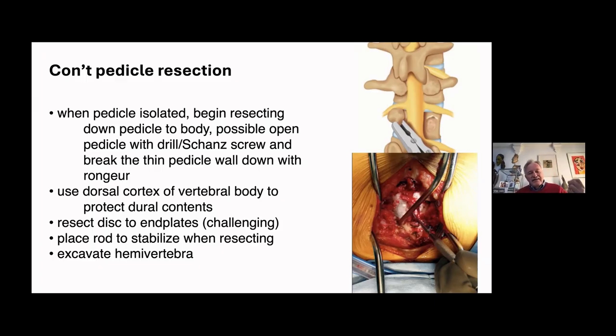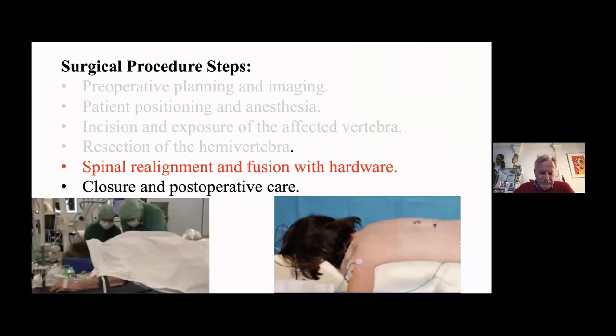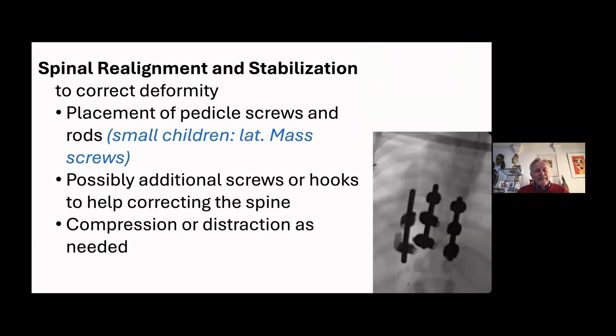So the thing is, of course, that in unstable situations, so-called unstable situations, you may need at least one rod to put already at the beginning, just to make sure that this segment is not moving around when you are decompressing it. So the realignment, then you do, of course, today mostly with rods and screws.